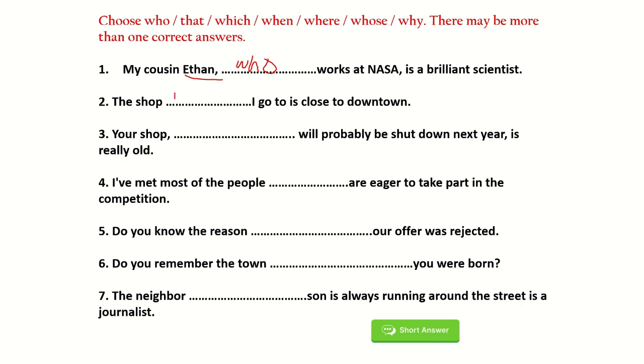So the shop where I go to. Here, your shop, I'm describing the shop. I'm not talking about a place that I go to or I visit. So your shop, which will probably be shut down next year, is really old. So here I'm giving information about the shop as an object, not as a place. So because of that, I use which.